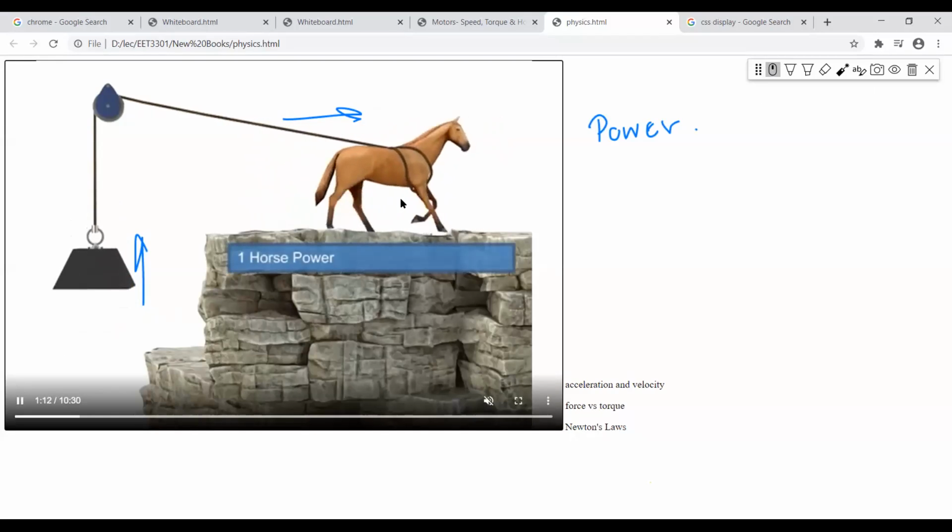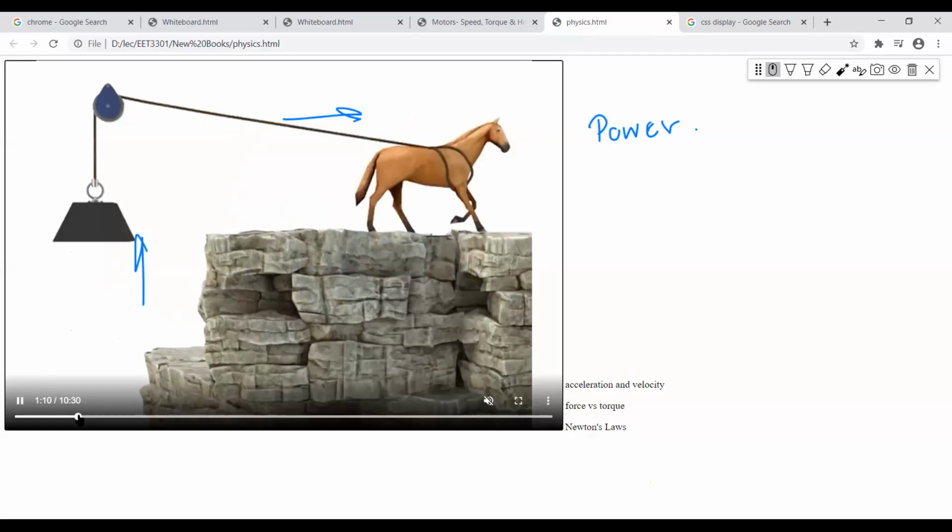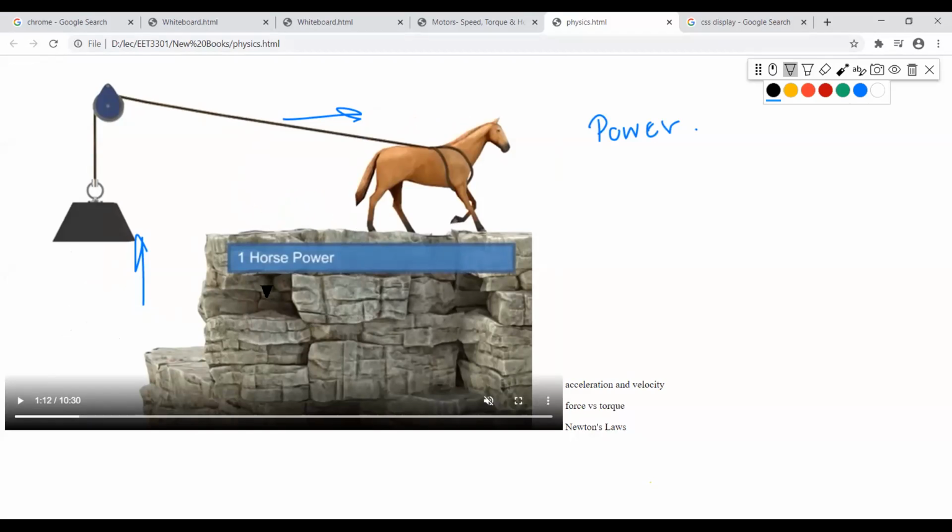So basically, if I go back to this position, what is happening here is the horse is lifting this load x distance, and if you know the weight of this thing m, you know how to calculate the work done by the horse, right?